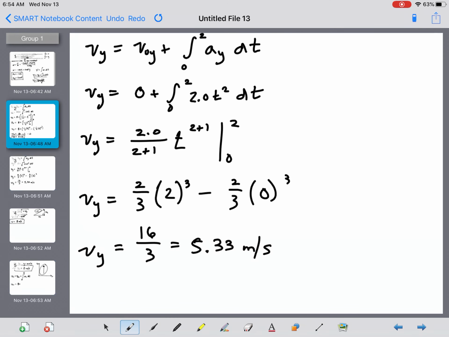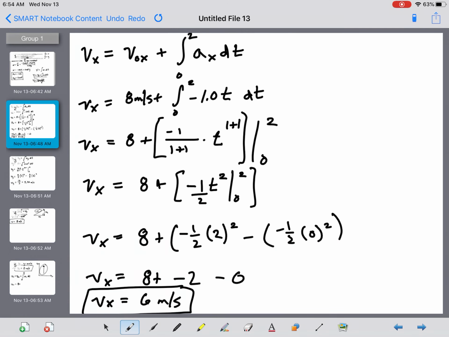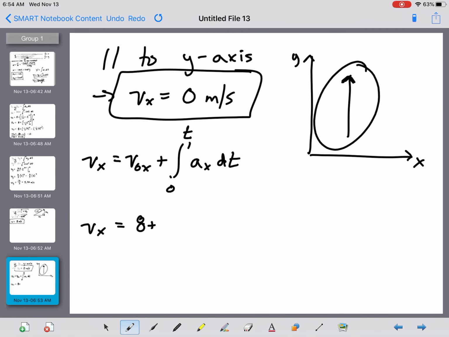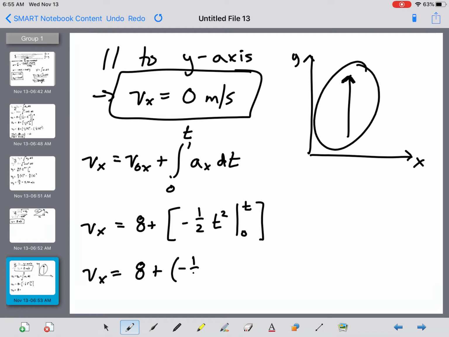Now, we already solved for the integral of acceleration in the x. It's -1/2 t squared. And I'm evaluating that from 0 to t. So what I end up getting is velocity in the x is equal to 8 plus -1/2 t squared minus -1/2 0 squared.